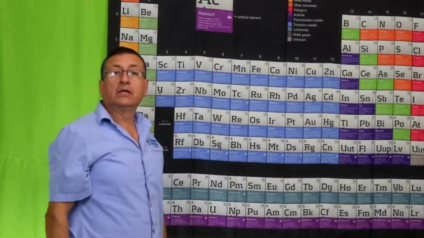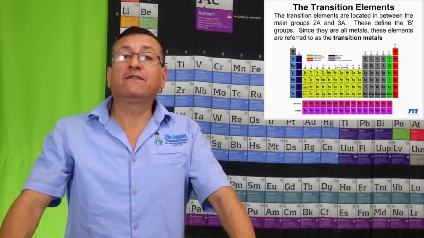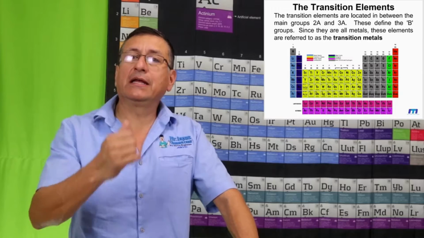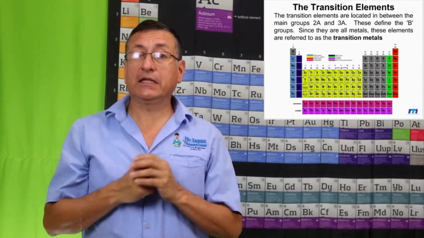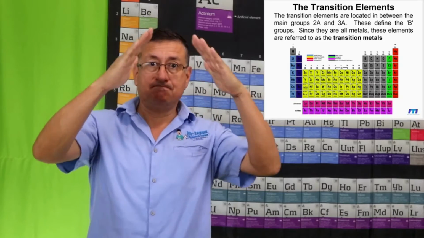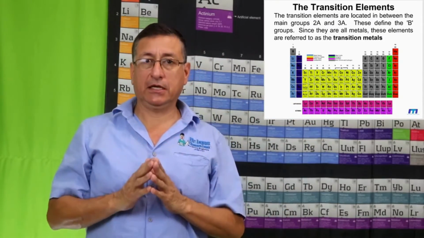They are called transition elements or transition metals. We are going to start by defining the metals and the non-metals, and after that we are going to continue with the classification of the materials in two big groups, organic materials and inorganic materials.